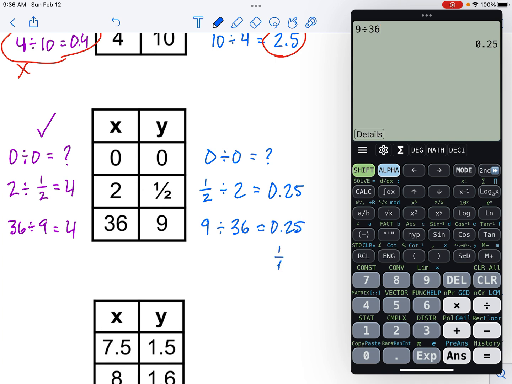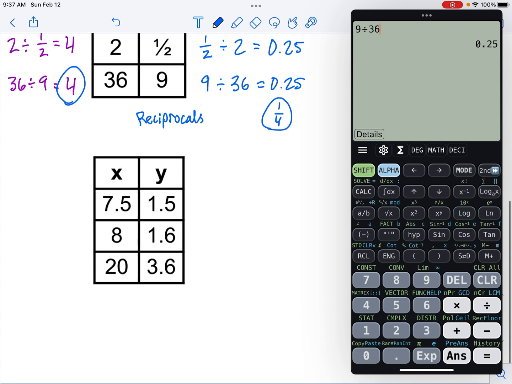This is 1/4. Notice that 4 and 1/4 are reciprocals, because we're just dividing the opposite direction. So this is also showing that it's proportional.